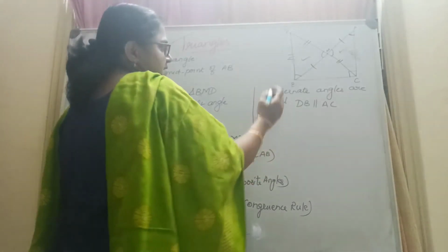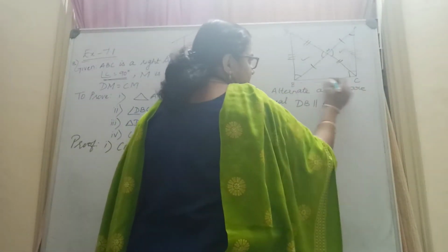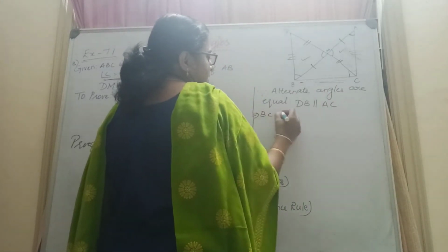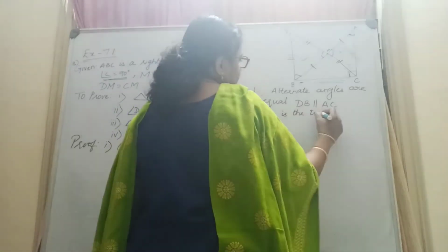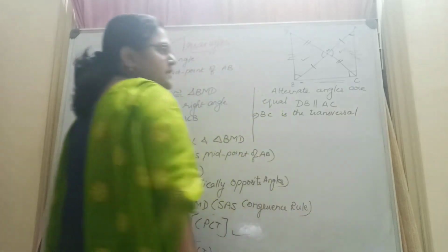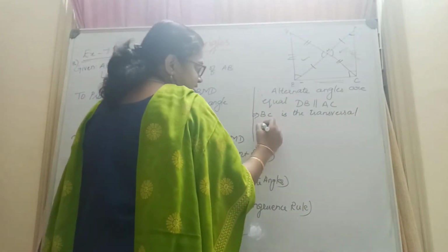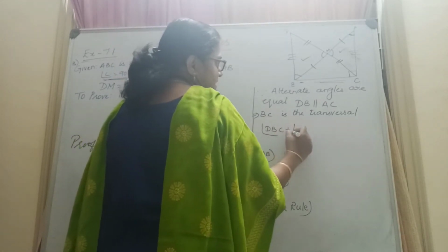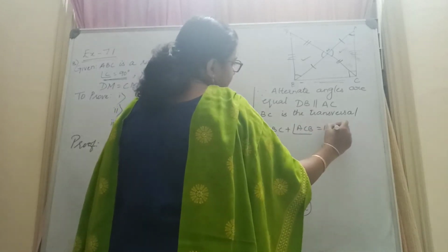In that case, since DB is parallel to AC, line BC will become the transversal, right? So since BC is transversal, angle DBC plus angle ACB is equal to 180 degree.